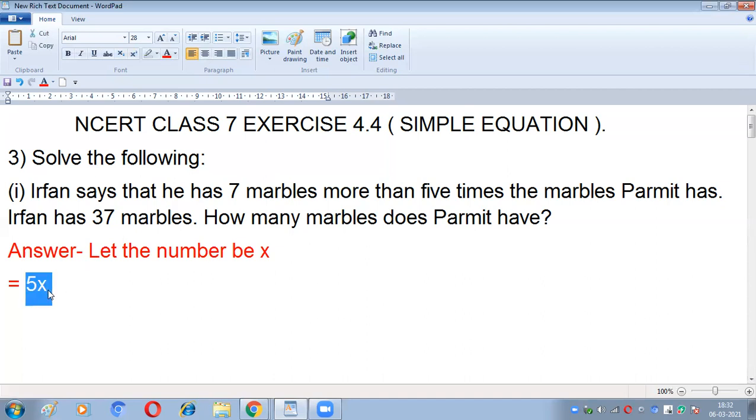The variable should be at the start of the equation, and then we'll be using the other numbers. He has 7 marbles more than, that means plus 7. So 5x plus 7 is equal to, Irfan has 37 marbles, so our result is 37.